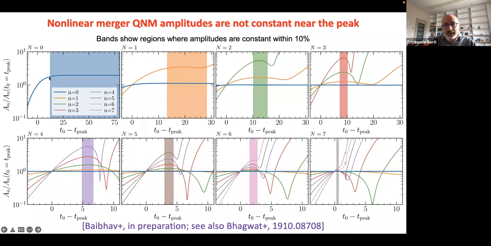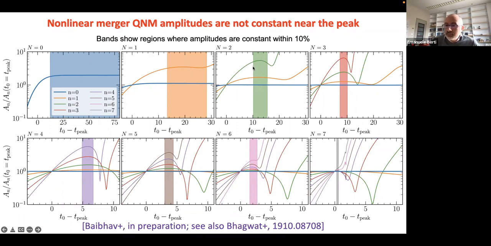But the claim by Giesler and others was that you could push everything to 0, not 10M. And when you add overtones, you find that the amplitude of the first overtone is roughly constant, but not at 0. It's constant after 12M. This line highlights where the amplitude is constant within about 10%, the shaded region.